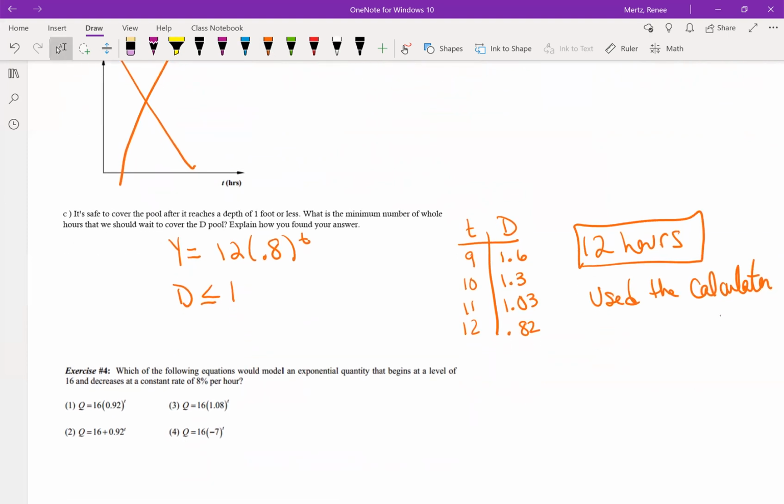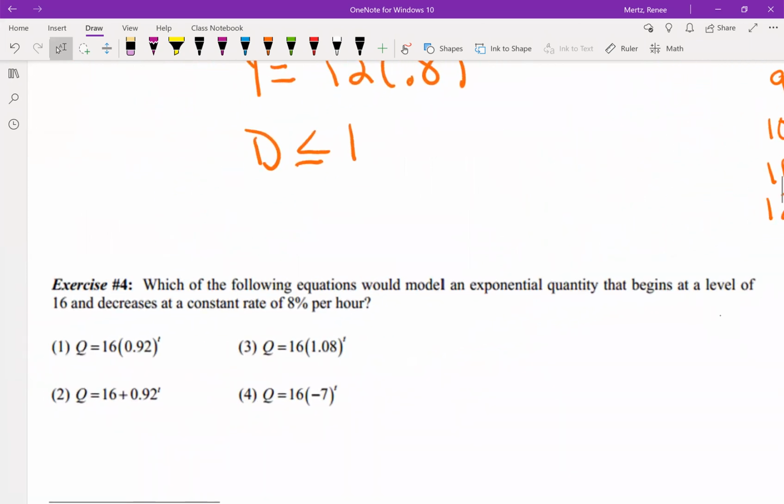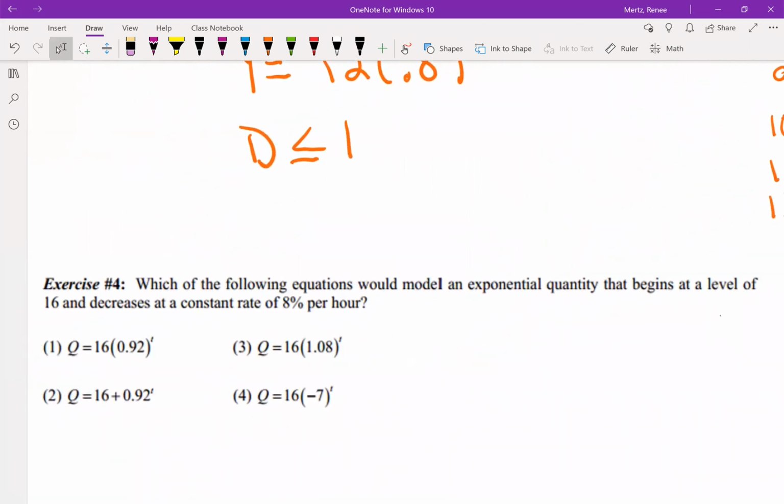For exercise 4, which of the following equations would model an exponential quantity that begins at a level of 16 and decreases at a rate of 8%? So y equals a times b to the x. Our initial value says begins at 16.